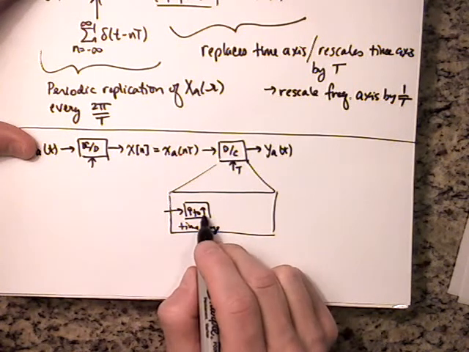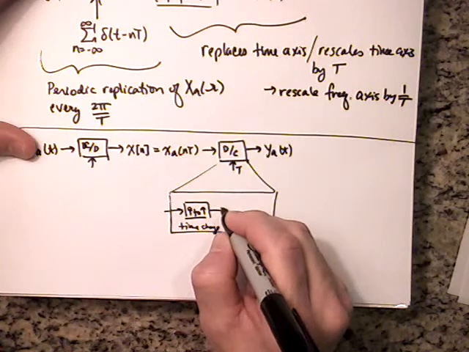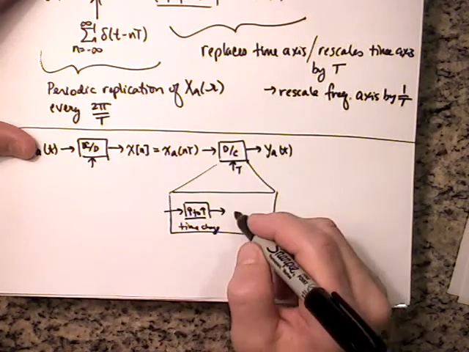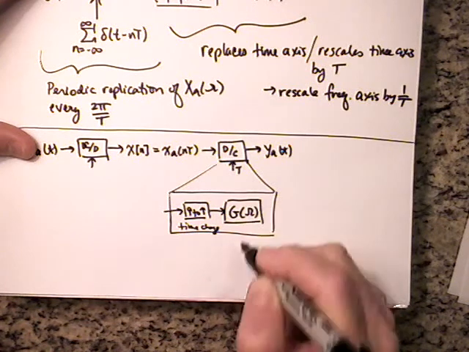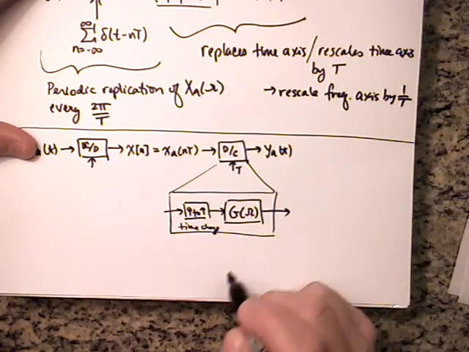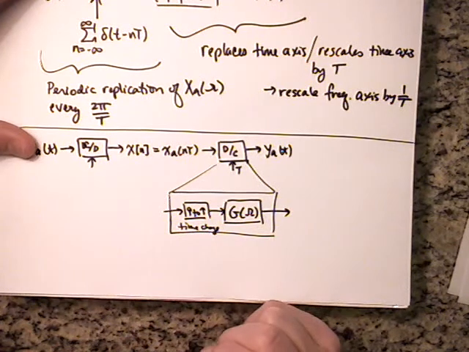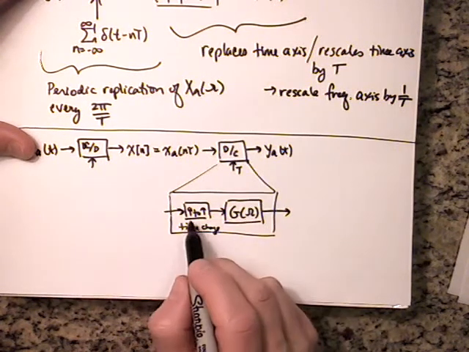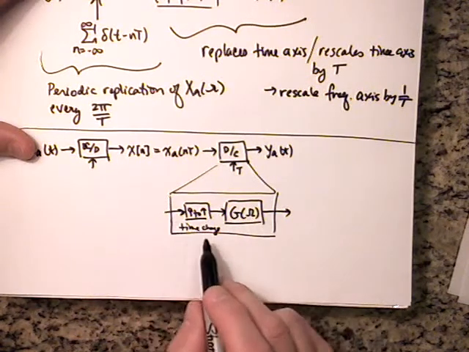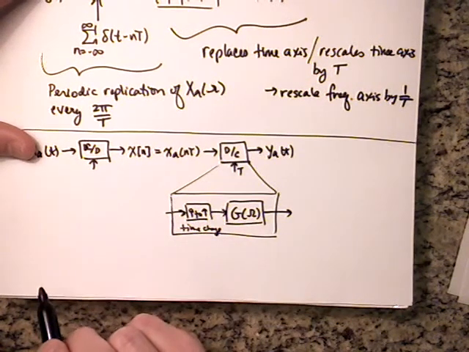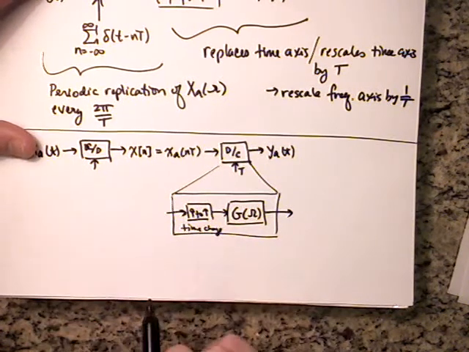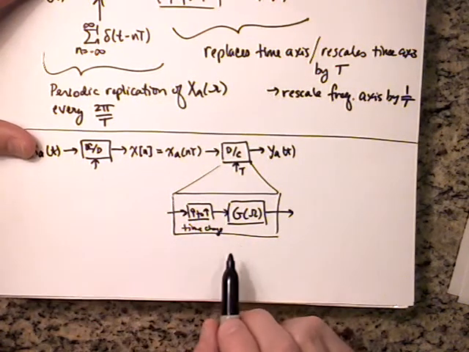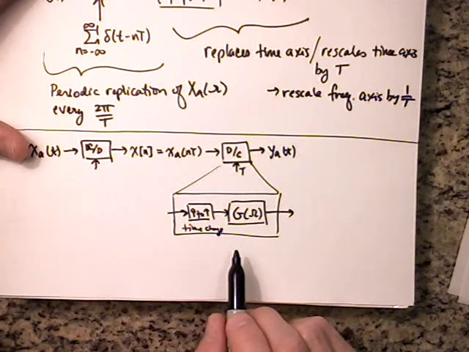And those impulses are now going to be clocked out at every capital T seconds. And then I'm going to take the output and filter it with some continuous time filter with frequency response G of omega. Again, this isn't how a real discrete to analog converter would operate, but mathematically it breaks the process into two steps, which is convenient for us.